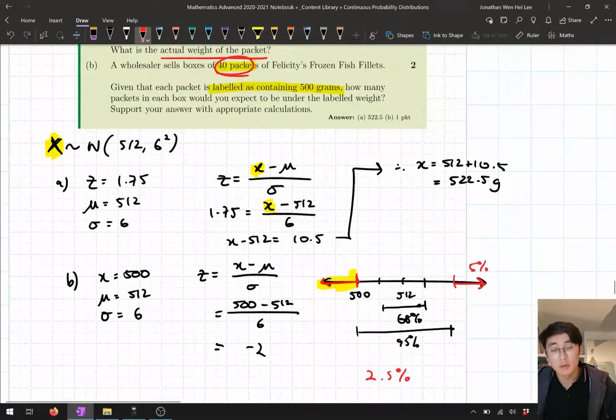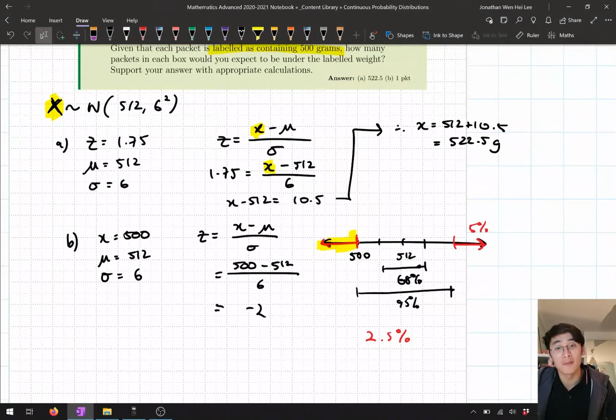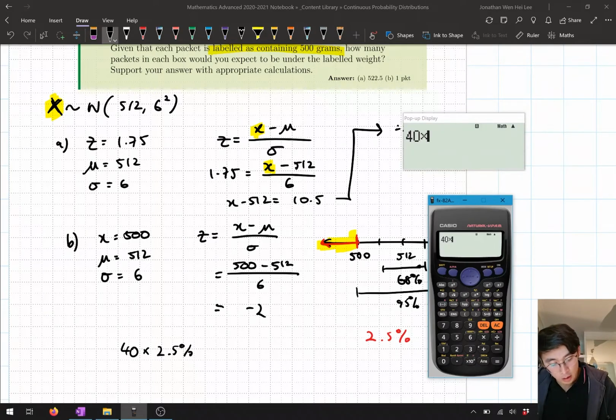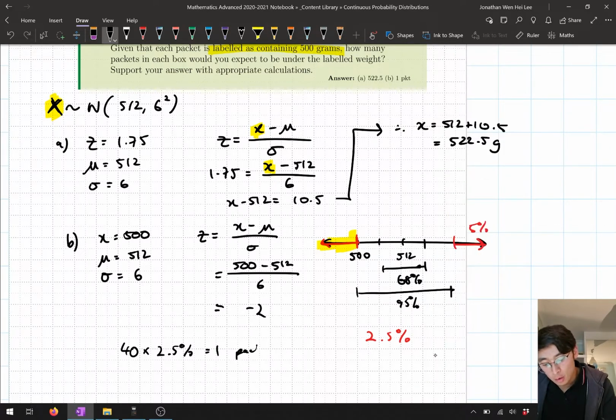Well, we haven't finished the question. If they've sold 40 packets and 2.5% of them are below 500 grams, we just need to take 40 times 2.5%. That's just 40 times 0.025. That means that 1 packet will be below 500 grams.